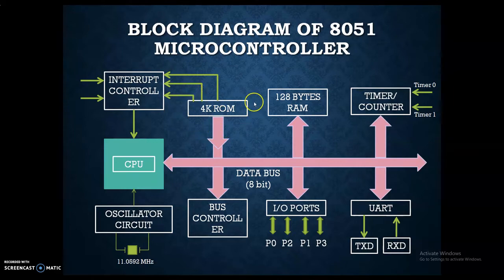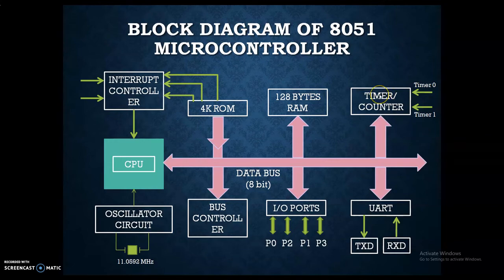So this is the 4 kilobytes of ROM. As this microcontroller has 16 bits of address, it can execute up to 64 kilobytes of size. Still, only 4 kilobytes of ROM is available on chip. The rest of the space can be connected externally, and 128 bytes of RAM is present.